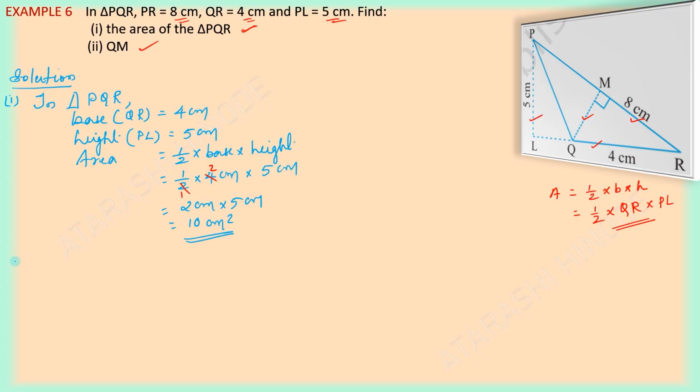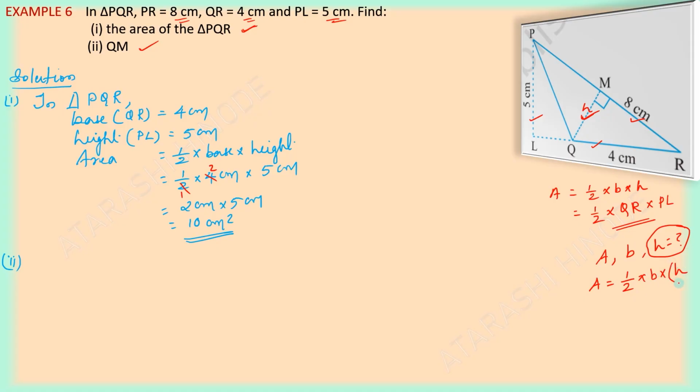Next we have to find the length of QM. How to get the length of QM? What is QM? Here QM is the height. So if we know the area and base of a triangle, how to find the height? The formula for finding the area of a triangle is half into base into height.